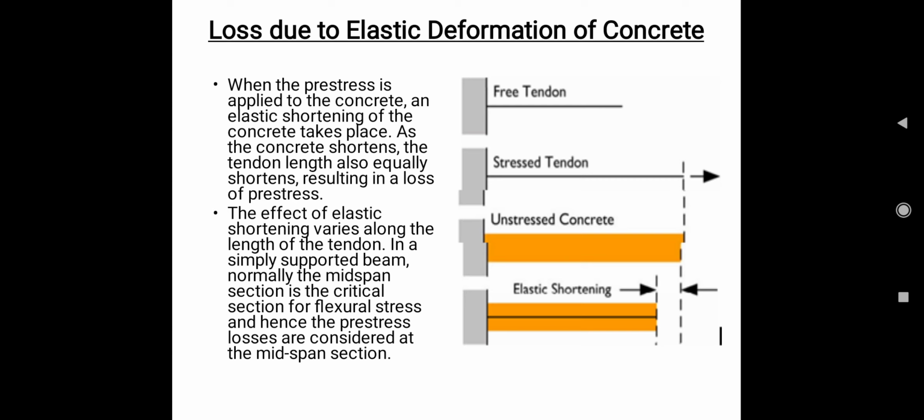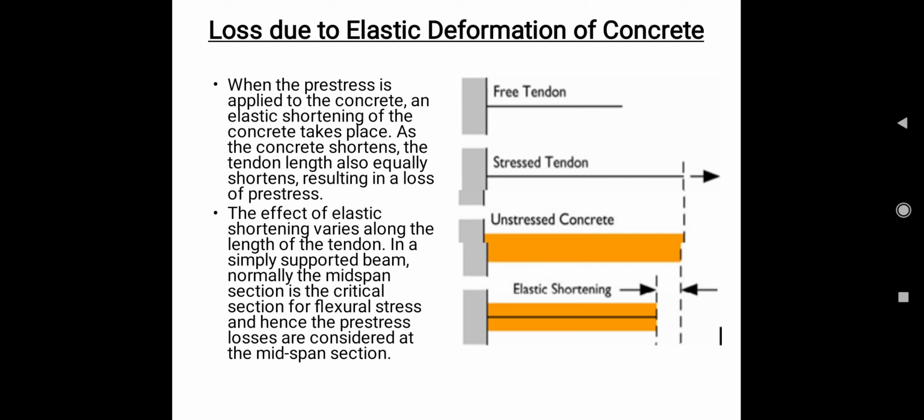As a result of this, the concrete will reduce its length, that is, the concrete will undergo a shortening. When the concrete undergoes shortening, the tendon which is tensioned will also reduce its length, and hence there is a reduction in the pre-stressing force.